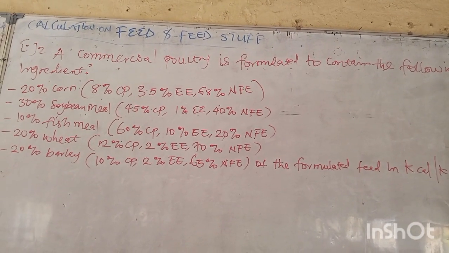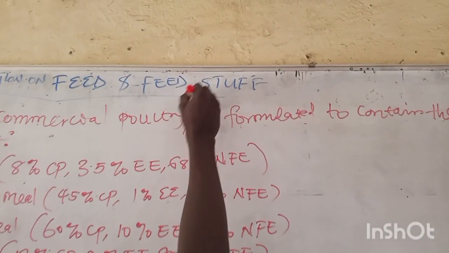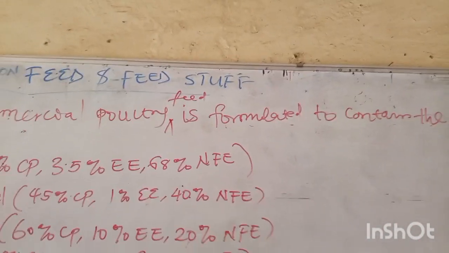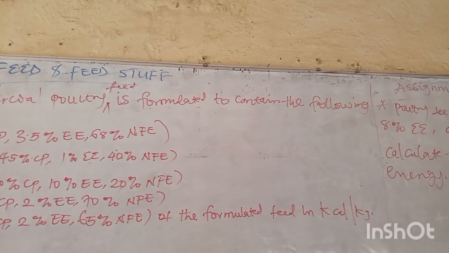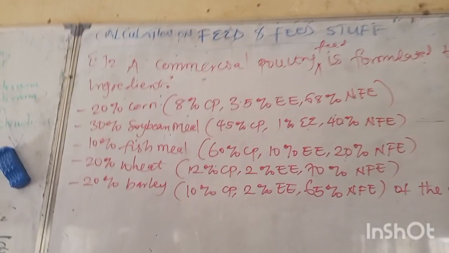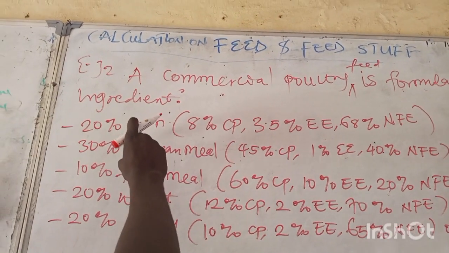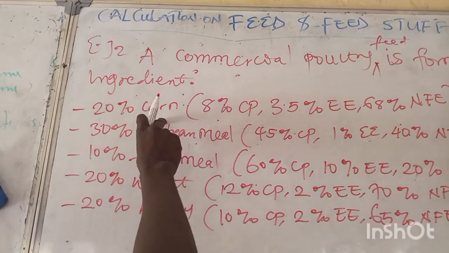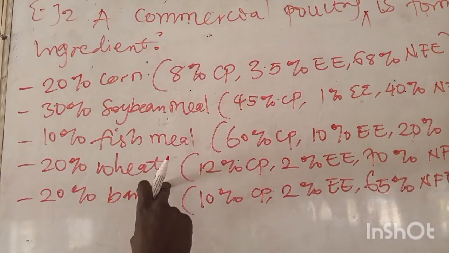A commercial poultry feed is formulated to contain the following ingredients. Now, the ingredients they use to make the poultry feed contain corn, soya bean meal, fish meal, wheat, and barley.